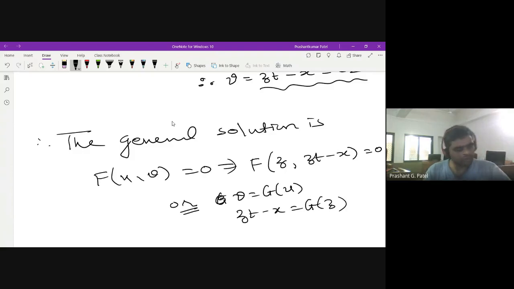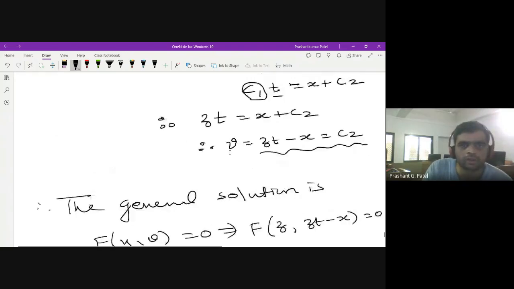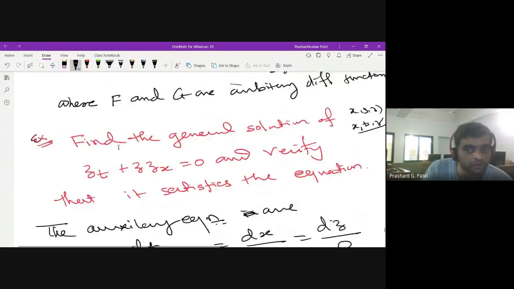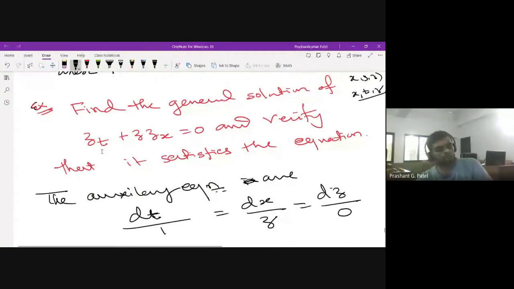Now the question is, this is the solution. Another question is to verify that the solution we got satisfies this equation.